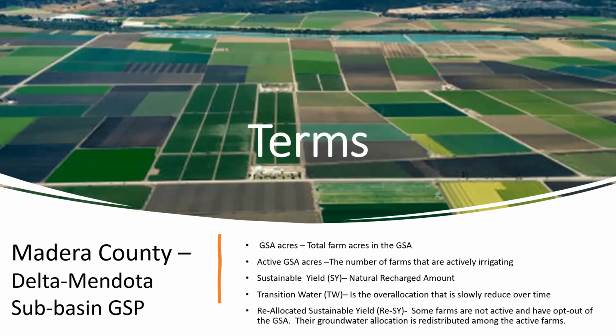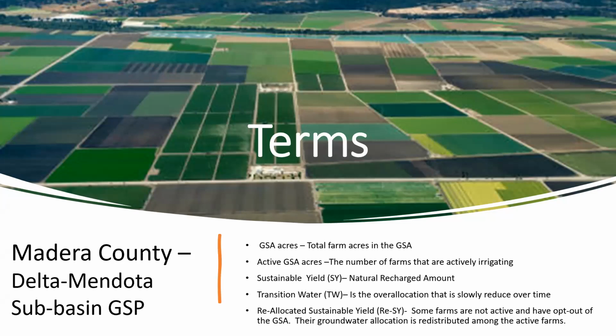This particular GSA, Madera County Delta Mendota Subbasin GSP plan, so there's a GSA and a GSP. A GSP is a groundwater sustainability plan, and has some key terms. You have the total number of acres in the GSA. You have the active acres that are actually being irrigated.